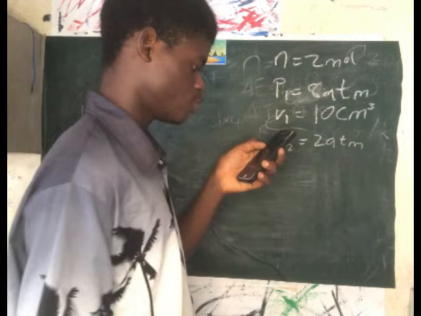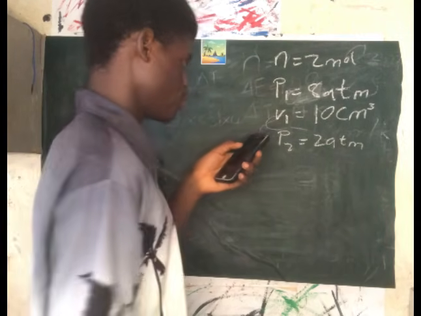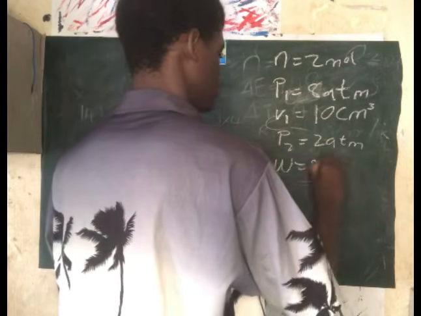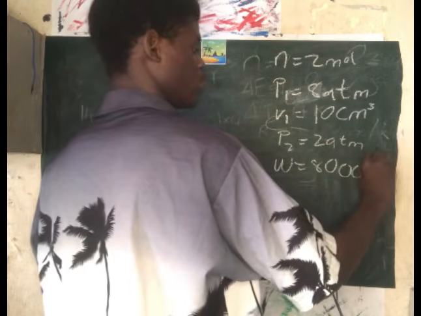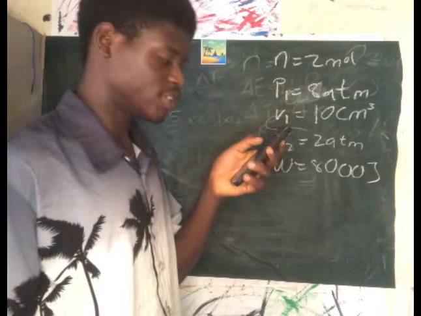If the work done during the expansion is 8 kilojoule, that's 8,000 joule, what is the temperature of the gas?